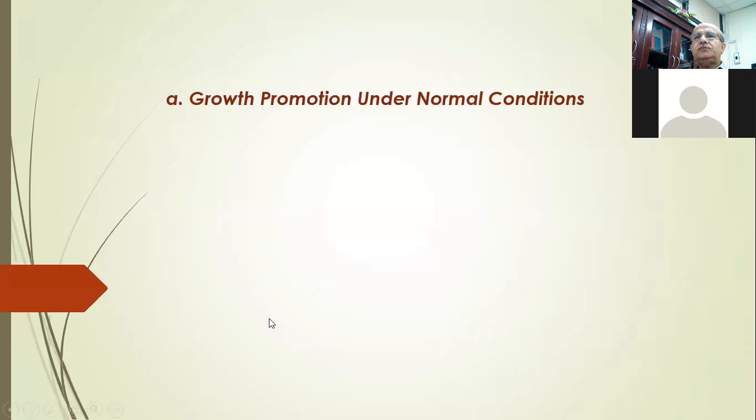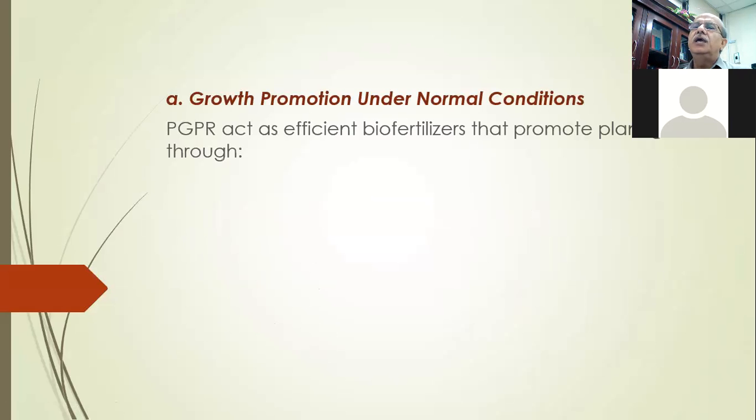So there may be two possibilities. One is the growth promotion under normal conditions. Under normal conditions, PGPR act as efficient biofertilizers that promote plant growth. A little while ago we discussed the biofertilizers, how they play their role in improving the nutrient availability to the plants.